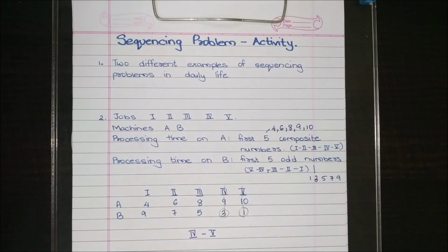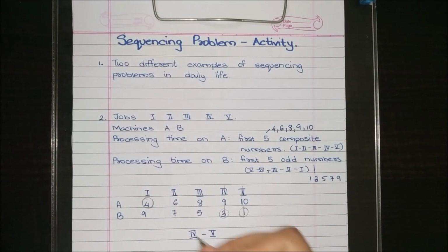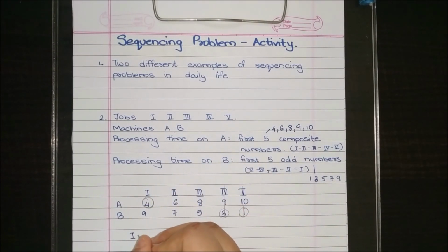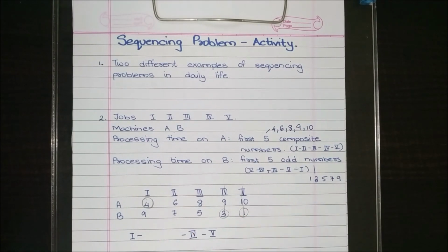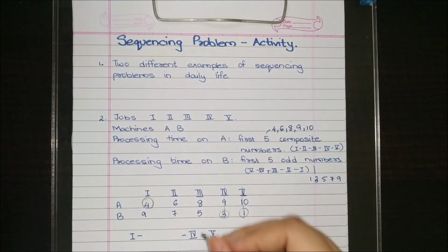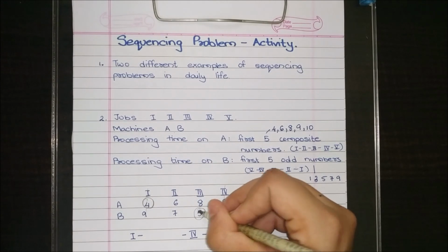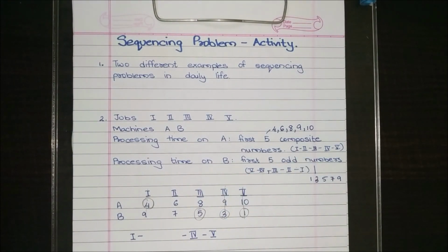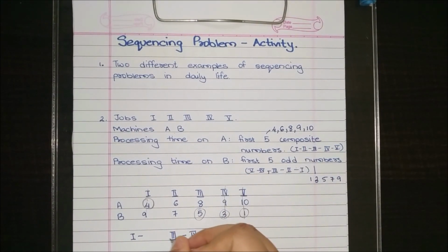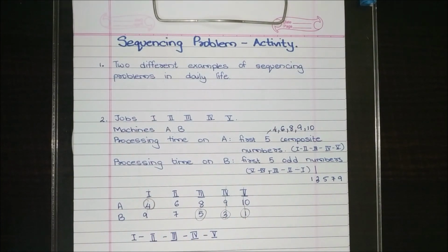Next, the smallest number is 4, which will come in the beginning. So this is the first job in the beginning. Next, we have 5, which is the smallest number. 3 will come before 4, and then we have 2. Okay, so it is 1 2 3 4 5 only.